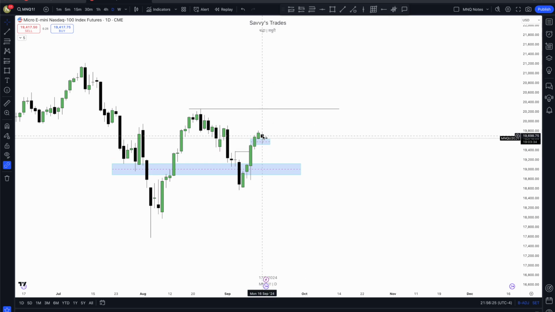And you could see today this first fair value gap was engaged, right? But what happens is, in such a situation, we do not know whether the price is going to keep on going higher, or we are going to see a retracement into a fair value gap.